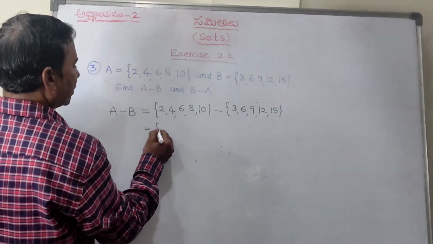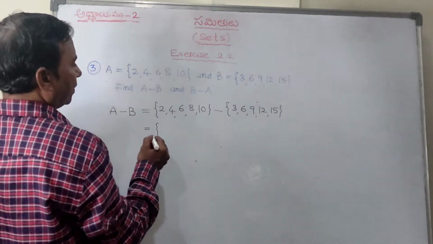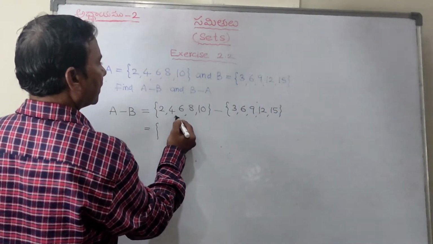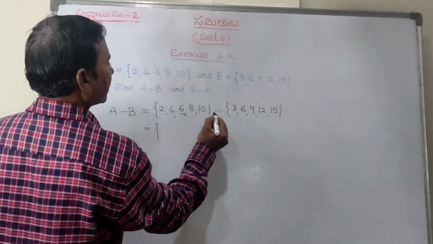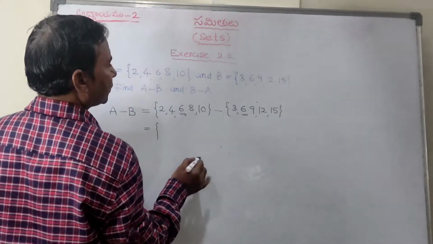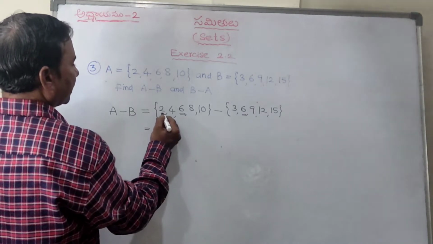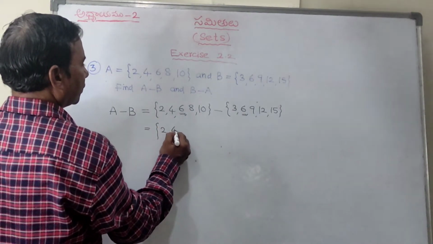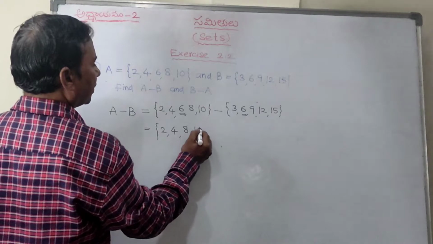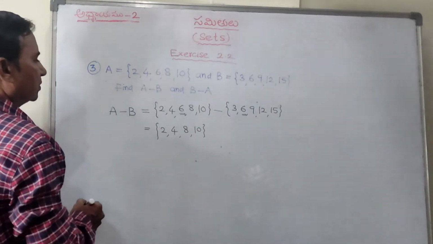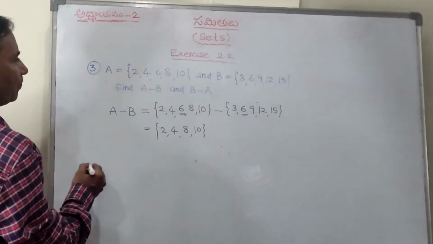And common elements we should strike off. What are the same elements we are having in both of them? 6. That's all. So the remaining elements from the set A we should take, means 2, 4, 8, 10. This will be the answer of A minus B.